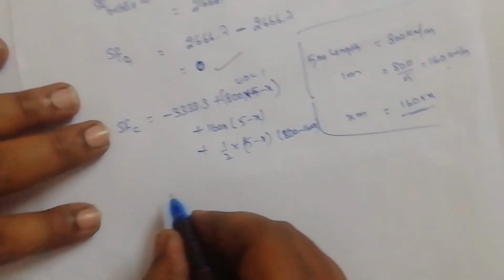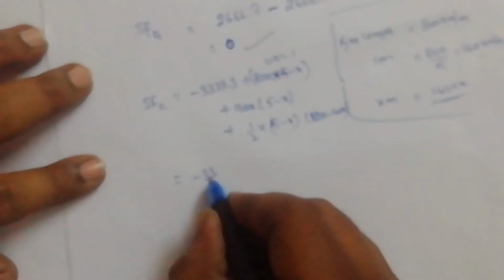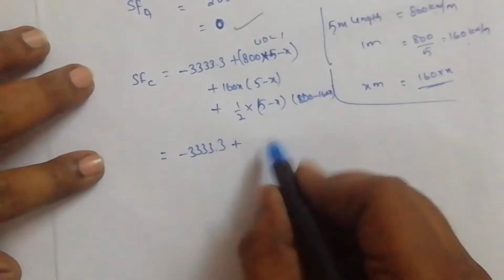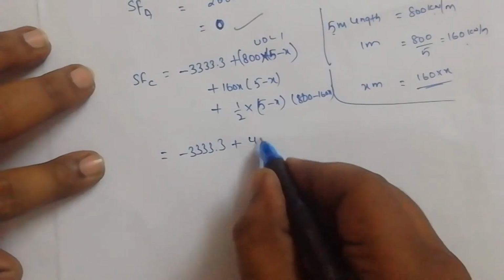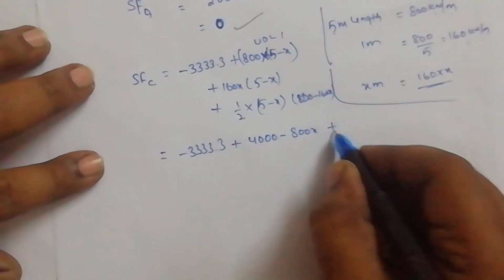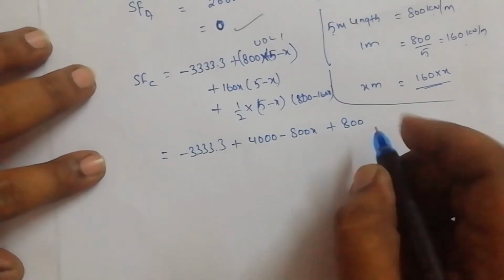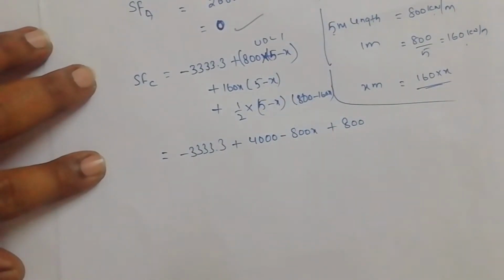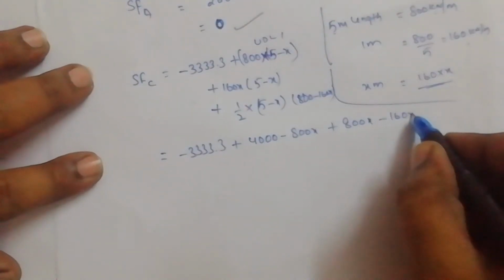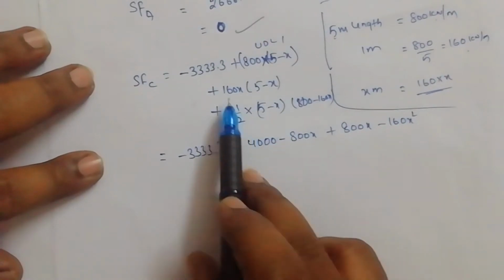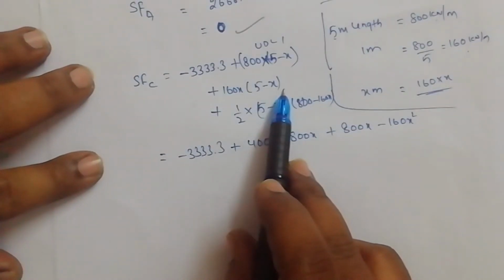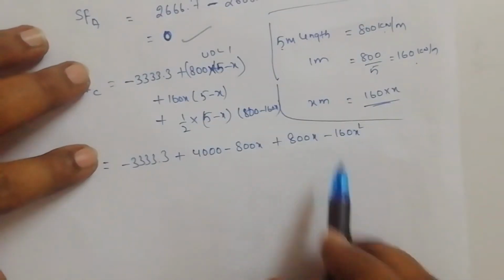If you multiply this, you will get minus 3333.3 plus, I will write this bracket: 5 eights are 4000 minus 800x plus 800x minus 160x square. Why this 800? 160 into 5 is 800, 800x, 160 into x minus 160x square.